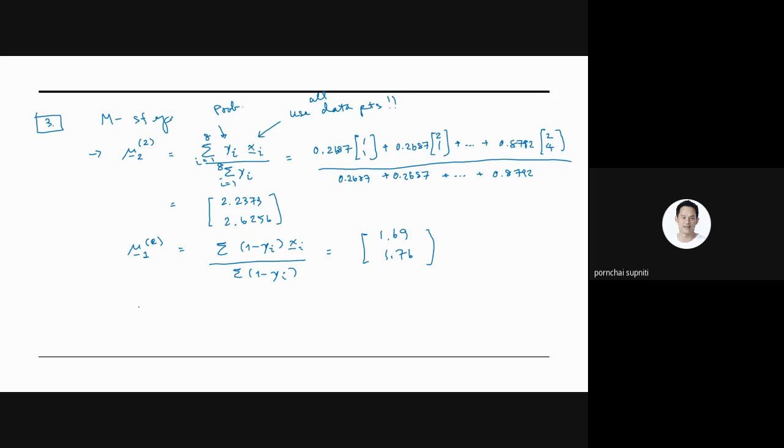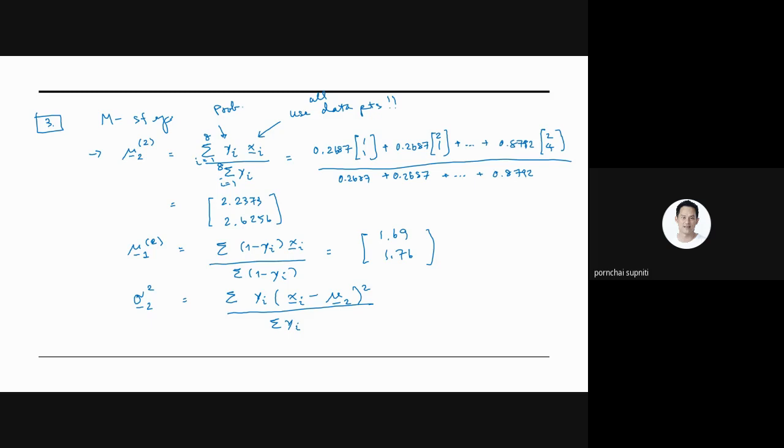Then for computing the sigma, for sigma 2 square, we can compute it from the summation of gamma i multiplied by xi minus mu2 square, and divided by the summation of gamma i.